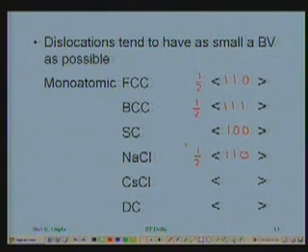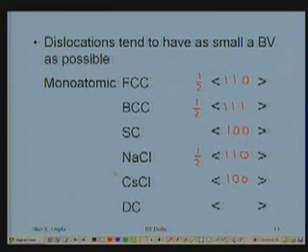In cesium chloride, similarly, which has cesium ion in the body center, chlorine in the corners, displacement from corner to the body center would mean going from chlorine to cesium. That means two ions of the opposite sign coming together. So we like to make the displacement chlorine goes to chlorine, that is from one corner to the other corner, and that will be 1 0 0. This is again because the space lattice is simple cubic. Same is true about diamond cubic, it will be again half 1 1 0.